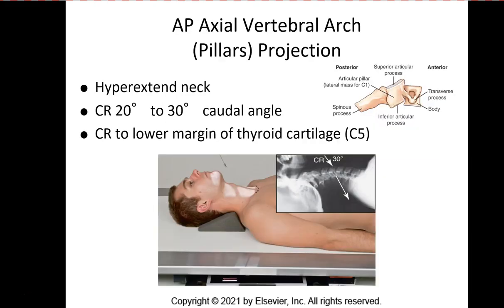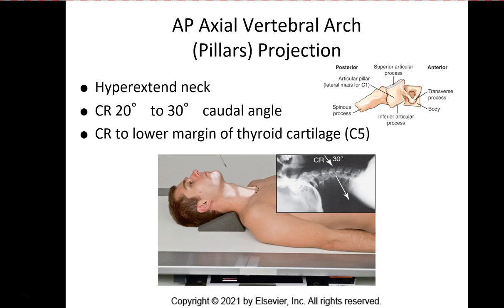Okay, there is one last projection that I want you to be familiar with, and that is called the AP axial vertebral arch or pillars projection. So this projection, you can tell, uses a tube angle because of the name axial in the title. Think about a routine AP C-spine.